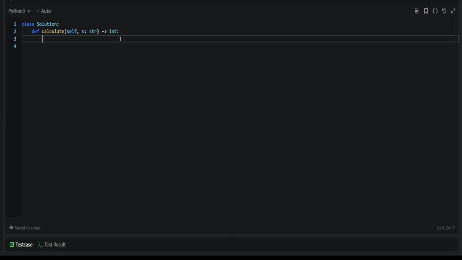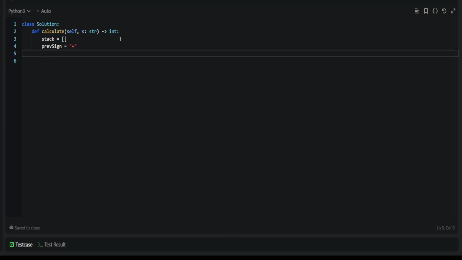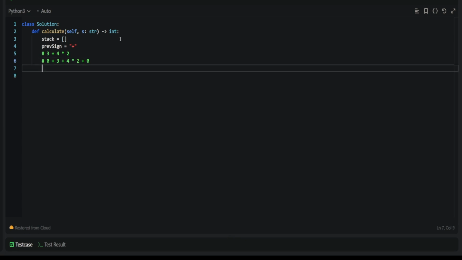So we're given a string s. As you remember, we'll have a stack, and then we'll have prev sign. We'll just have plus as a beginning to make it a bit easier, because when there's 3 plus 4 times 2, technically we're doing the same thing as 0 plus 3 plus 4 times 2 plus 0, right?